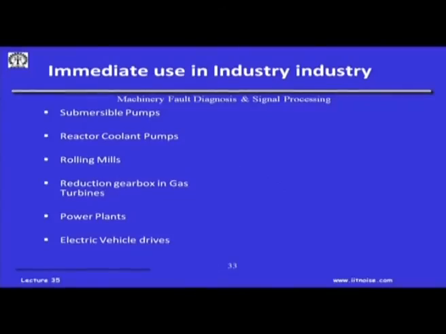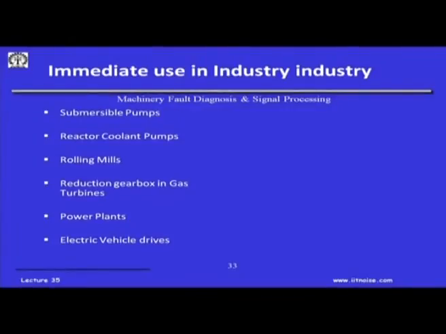Okay. So, you can realize the power of motor current signature analysis. It is a very, very powerful, clean, neat technology, provided you do your measurements right and your signal processing right.